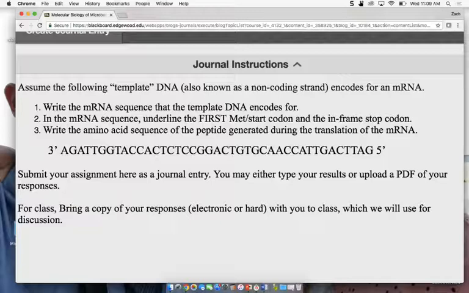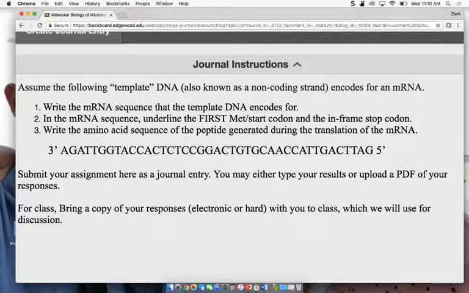So the first thing we need to look for here is we can't just start at the beginning of the mRNA sequence. In fact, in all mRNAs, eukaryotes and prokaryotes, there's this region that we call the 5' untranslated region. It comes before the start codon. So we need to identify here, where are there potential start codons in the problem? In other words, where can we find an AUG?